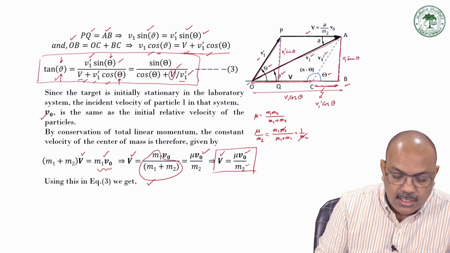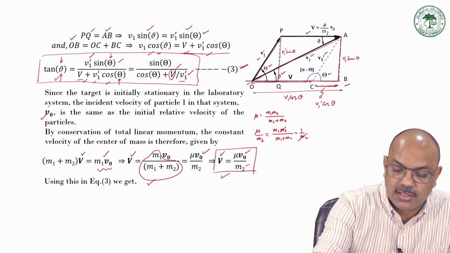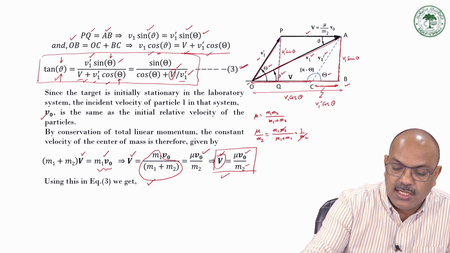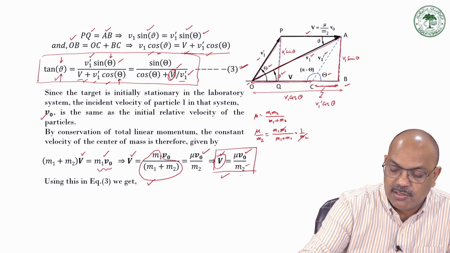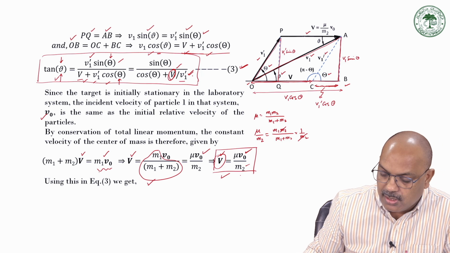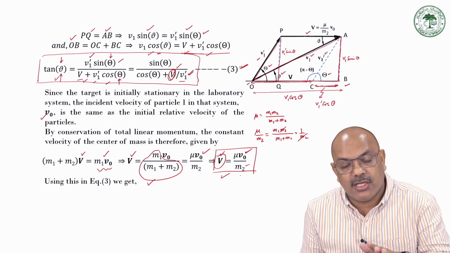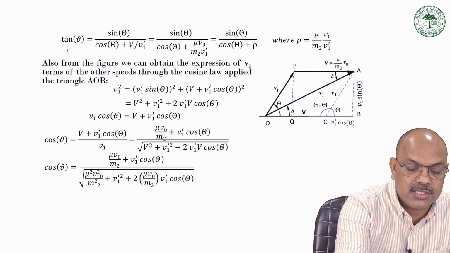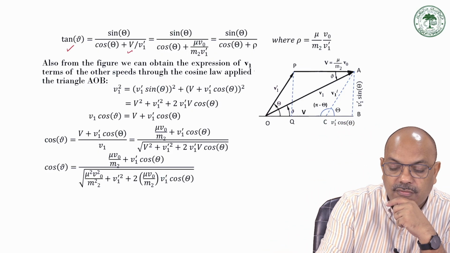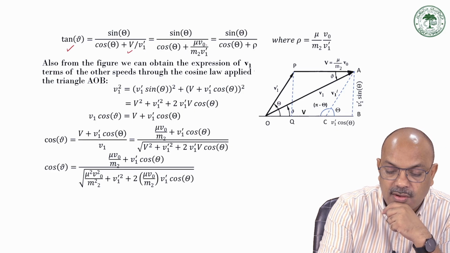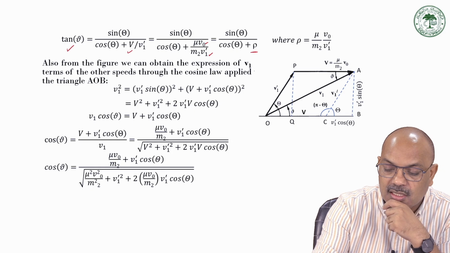Now, if we use this relation in this equation, in place of V I put mu v0 upon m2, so that I can get the relation between v0 and v1 prime, one in the lab system velocity and the other in the center of mass system. So if I put this into tan theta, in place of V, mu v0, I define a quantity rho.